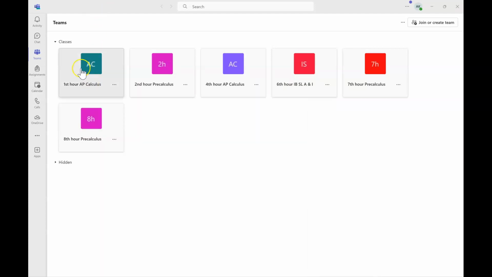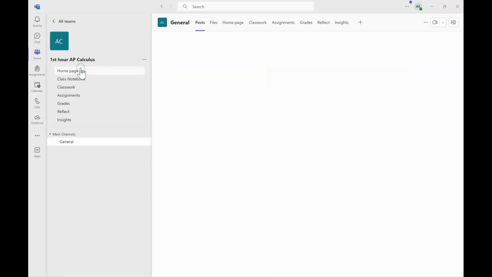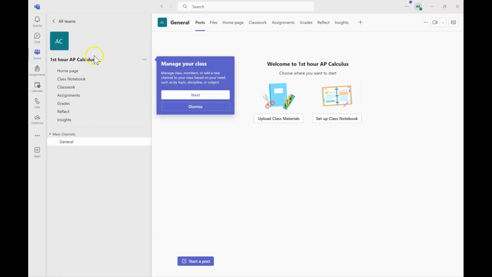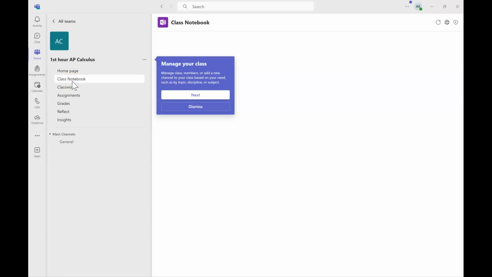You should see a tile for first hour calculus. I set this up yesterday, so everybody should be preloaded in there. If you're not, holler at me. Once you find your first hour AP calculus tile, go ahead and click on that. On the navigation panel on the left, you'll pick class notebook.